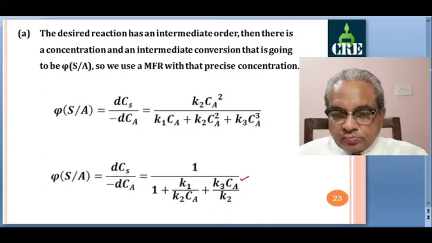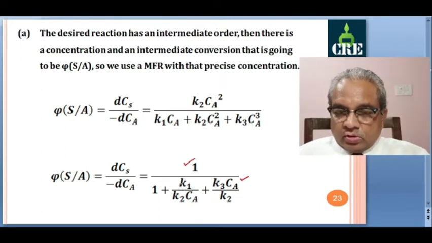So here you can see this Ca, this we want to maximize, means this we want to minimize. And if this we want to minimize, this should be kept low and this should be kept high.